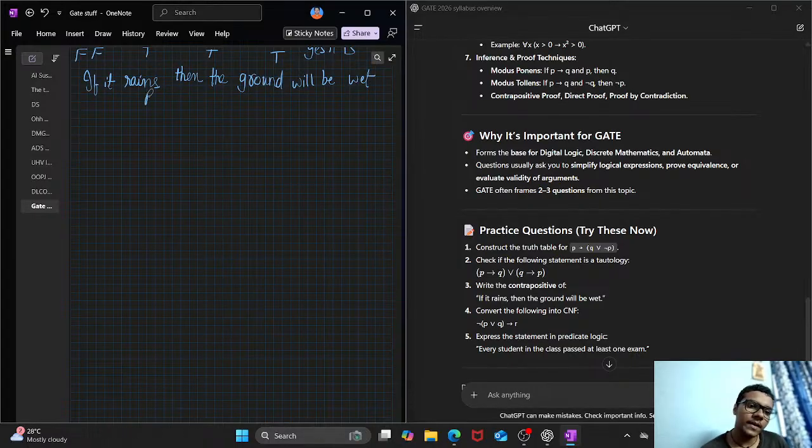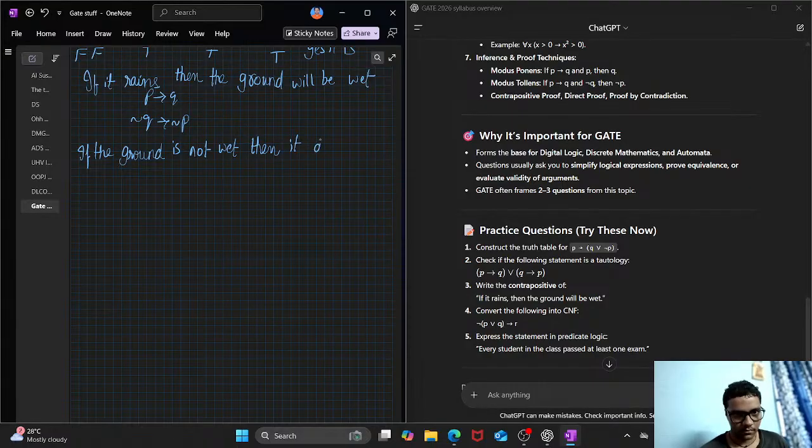So P implies Q is the statement and the contrapositive is negation Q implies negation P. So if the ground is not wet, then it didn't rain. That is the contrapositive of the statement. If this is true, this is going to be true as well.